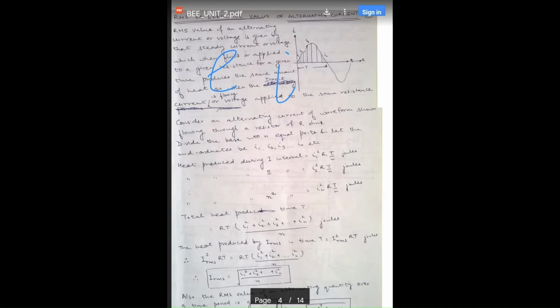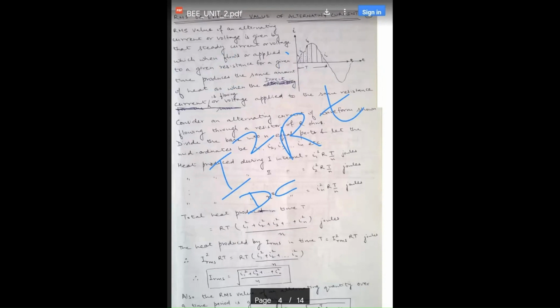So we are required to designate a constant value that is called the RMS value. That RMS value will produce the same amount of heat. So what is heat? You know, heat is I square R T. If the current is DC current, then there is no problem because DC has a fixed value.